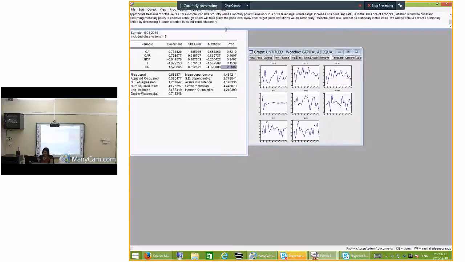The analysis is relatively simple if economic data were only trend stationary.